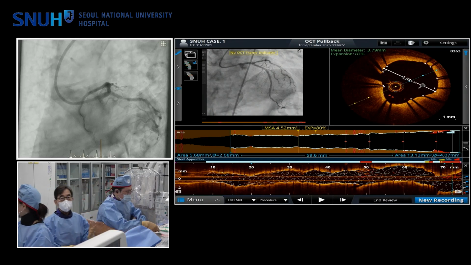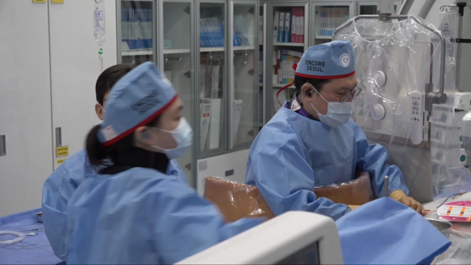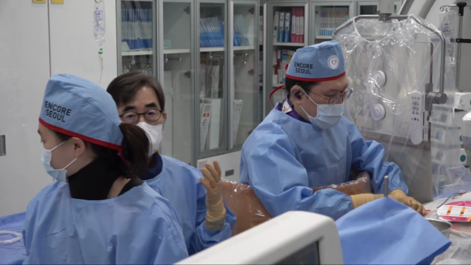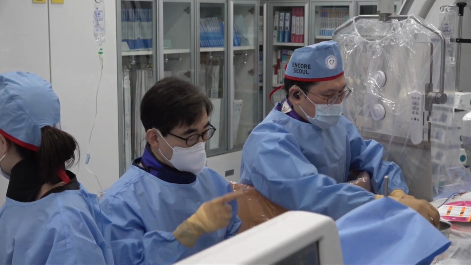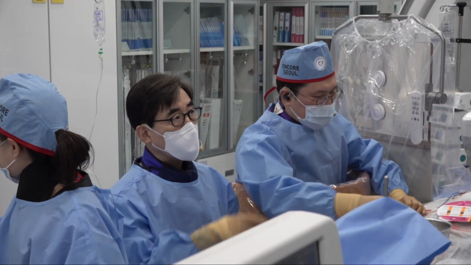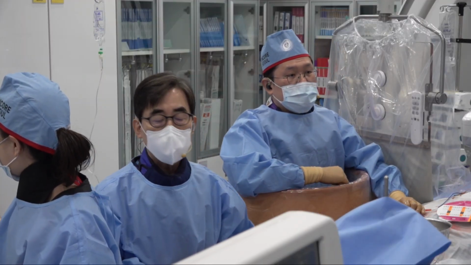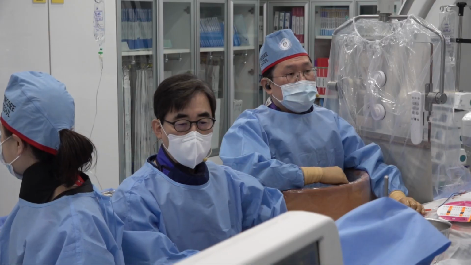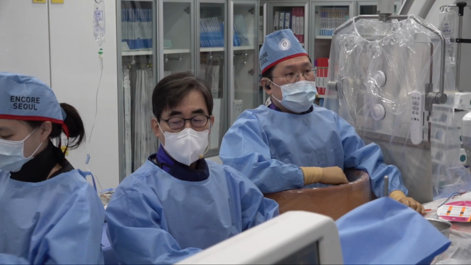We did 3 times post ballooning for the left main using a 4.0 by 8 NC balloon with very high pressure. But they're small. I think MLD is about 4.2 millimeter. We would like to use a semi-compliant balloon.